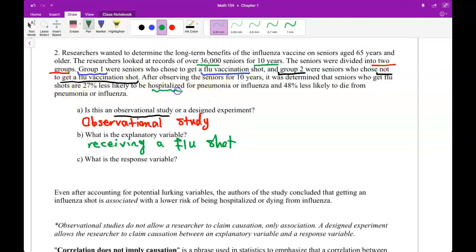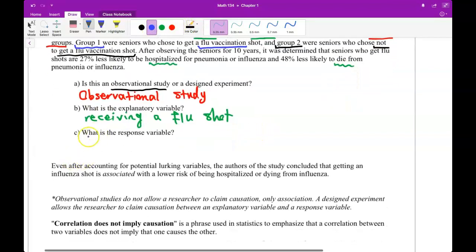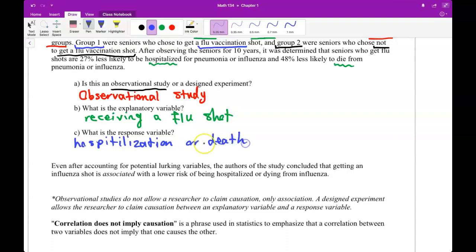Okay, it's here: hospitalized for pneumonia or die from pneumonia. So these two are the response or outcome. Okay, from the flu.